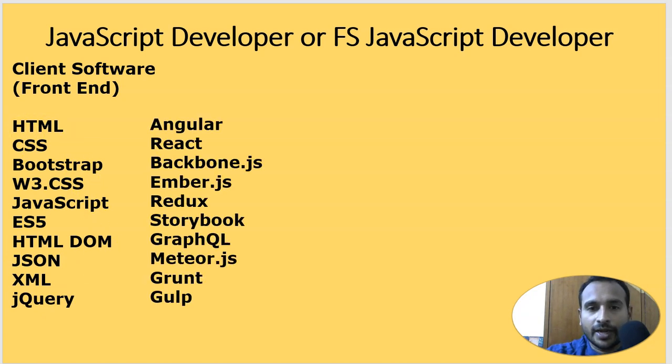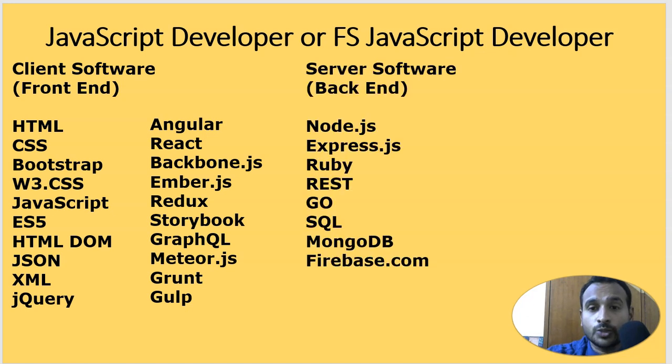Along with that, AngularJS, React.js, Backbone, Ember.js, Redux, Storybook, GraphQL, Meteor.js, Grunt, Gulp, these are also different types of front-end tools. Now, as we spoke about the full stack JavaScript developer, it means along with the front end, this person should have experience with the backend as well, meaning Node.js, Express.js, Ruby, REST, Go, SQL, MongoDB, Firebase.com.